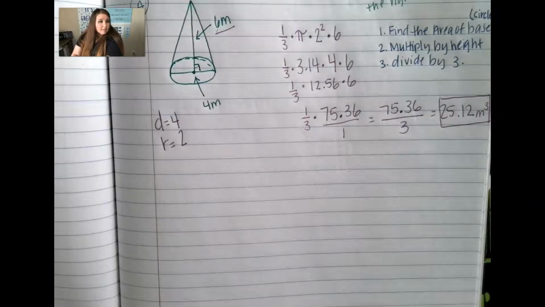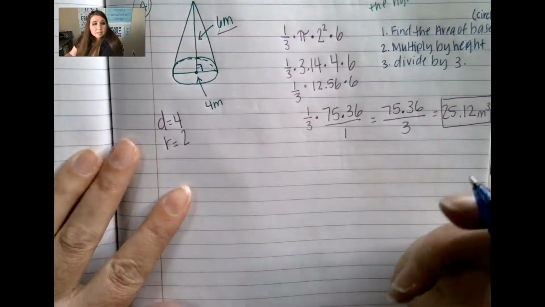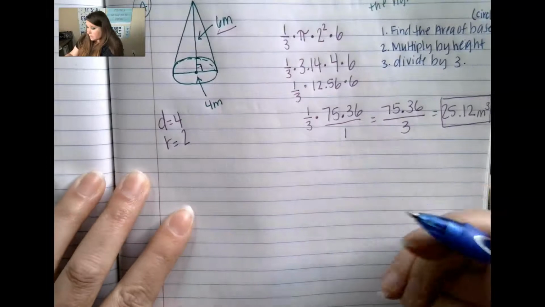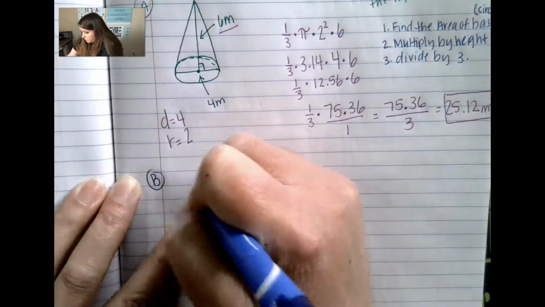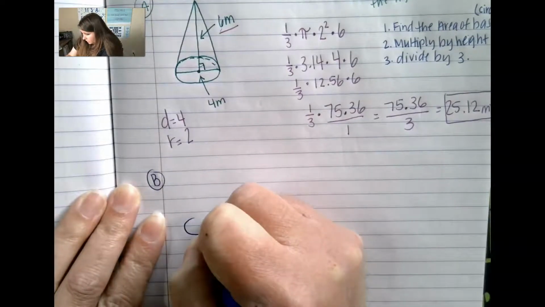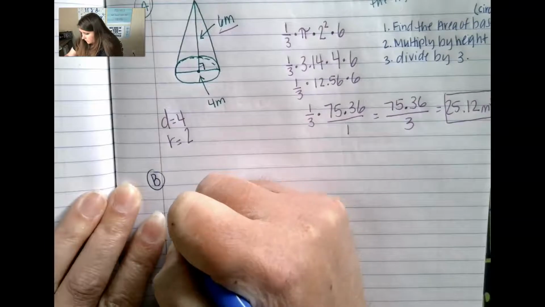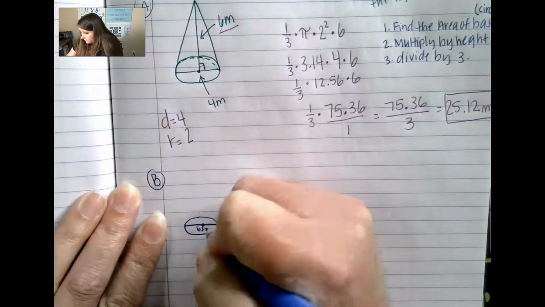Our next example, example B, gives us a cone that has a diameter of 6 feet and a height of 9 feet. So again, we're going to have a cone here, and this cone has a diameter of 6 feet.